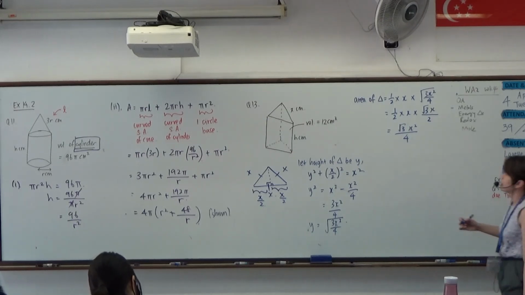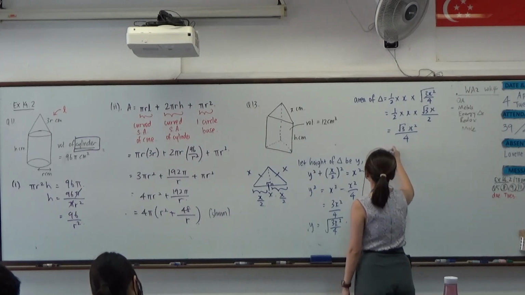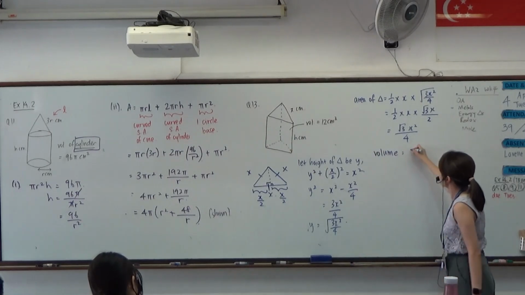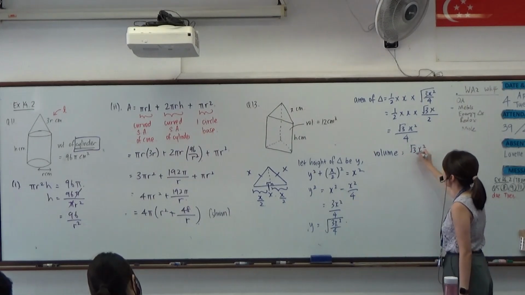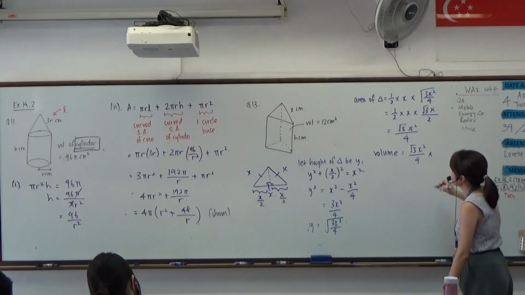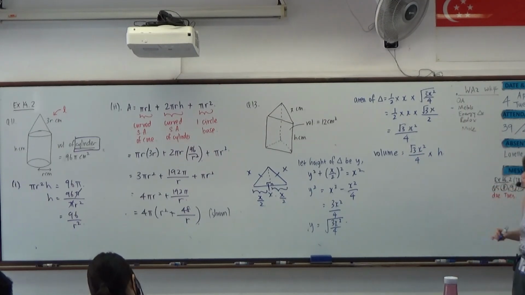And then the volume will be the base area, which is the area of the triangle, times the height h.